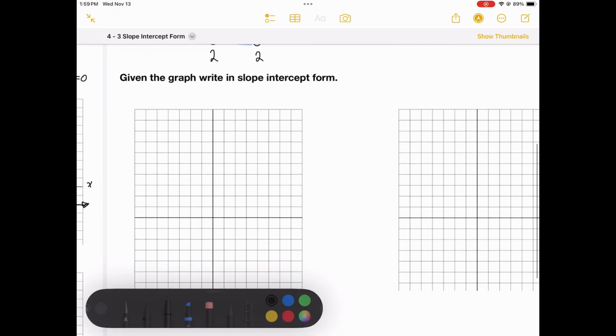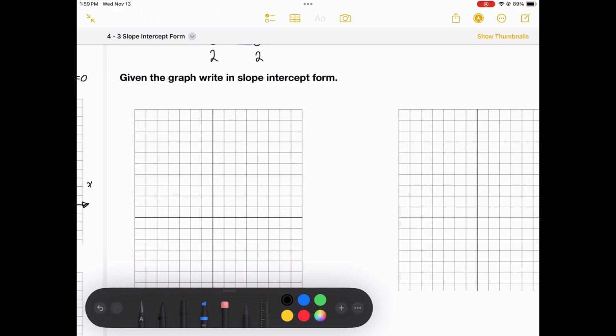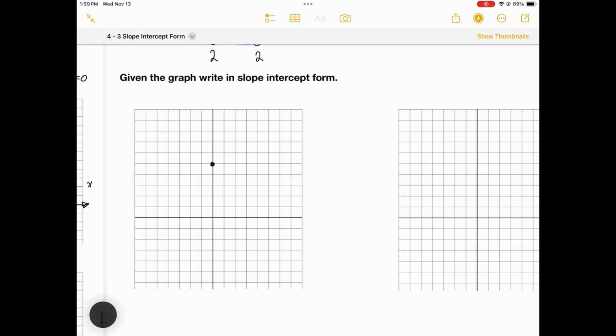Next, last but not least, now they're going to kind of want you to work backwards. They're going to want you to create a line in slope-intercept form. And what they're going to do is they're going to actually give you a graph here, and we'll just do this one. Okay, and let me see if I can make a straight line. Oh, that's not bad.